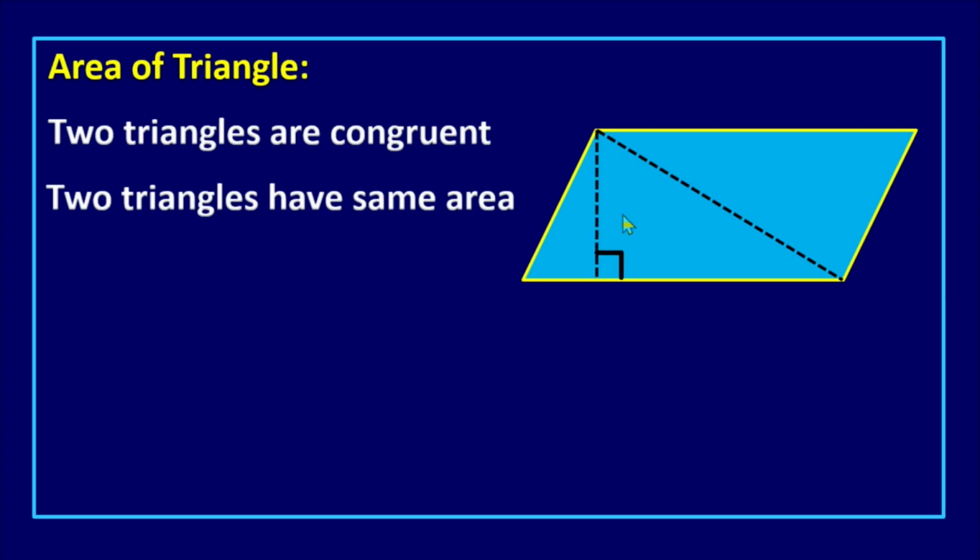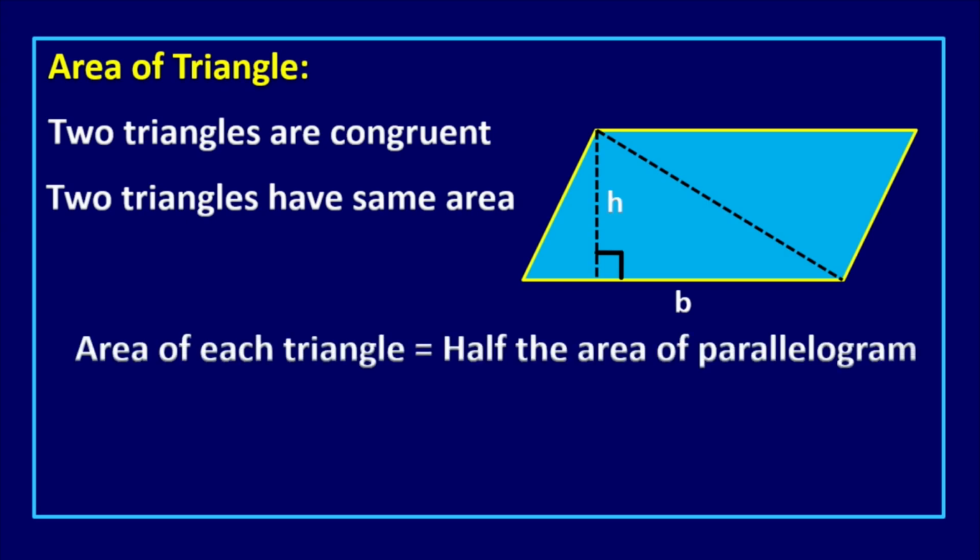So let us draw the height of the parallelogram, and let base of the parallelogram be b and height be h. Now here we have two equal triangles, isn't it, children? And area of each triangle will be half of this parallelogram, isn't it, children? Suppose this is 5 square units and this is 5 square units, total area of the parallelogram will be 10.